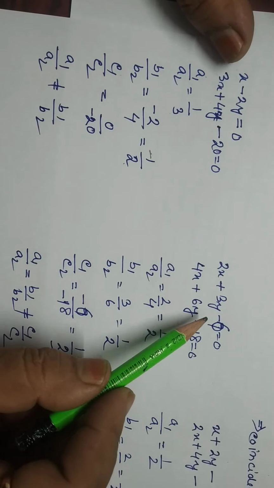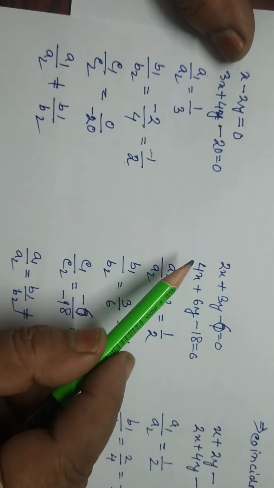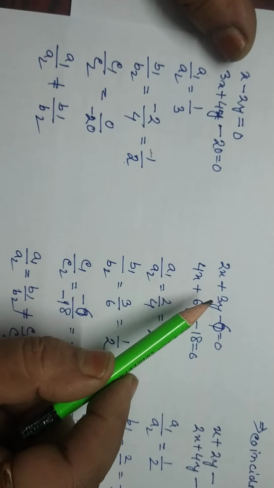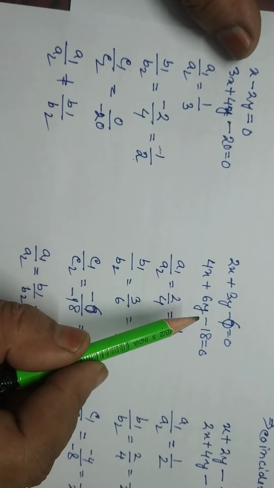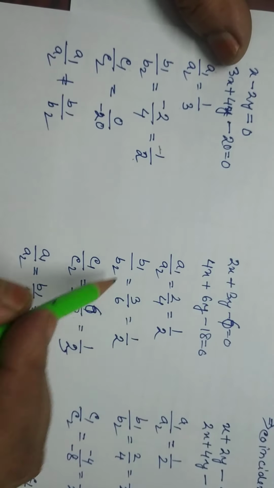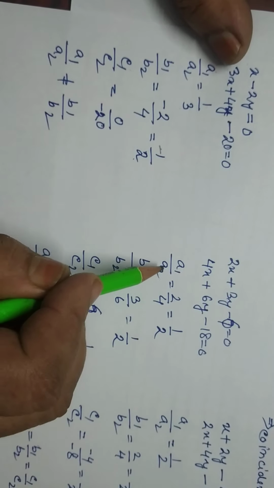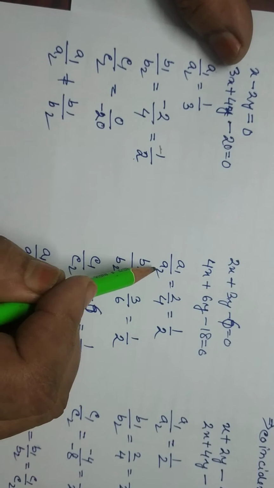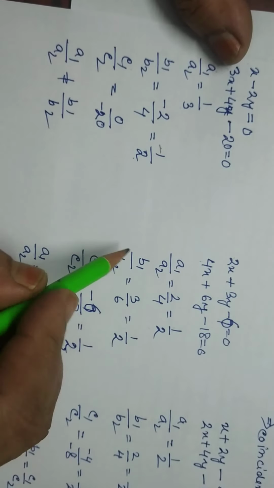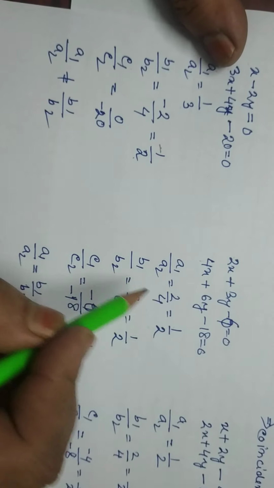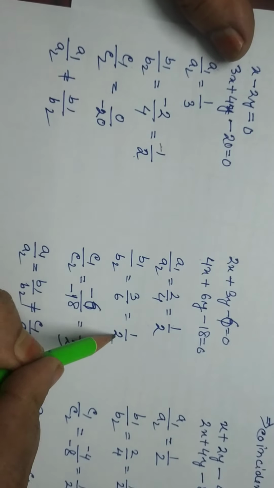For the second pair of linear equations, take 2x plus 3y minus 6 equal to 0 and 4x plus 6y minus 18 equal to 0. The coefficient of x gives a1 by a2 equal to 2 by 4, which is 1 by 2, and b1 by b2 is 3 by 6, also 1 by 2.